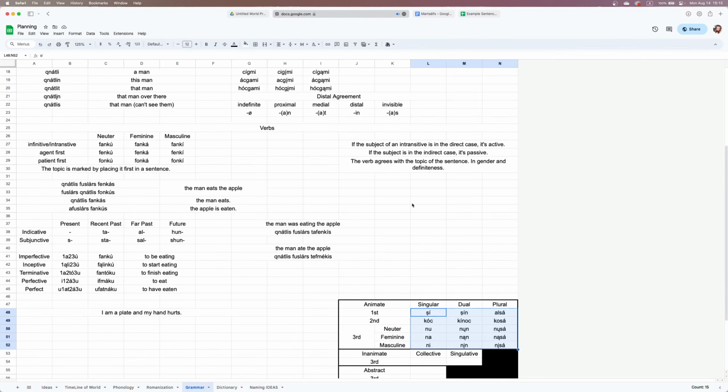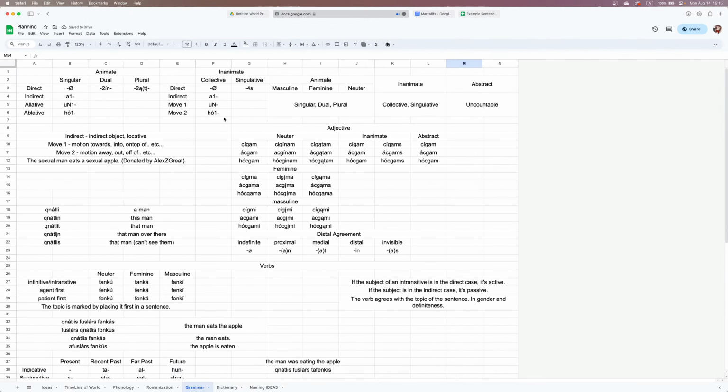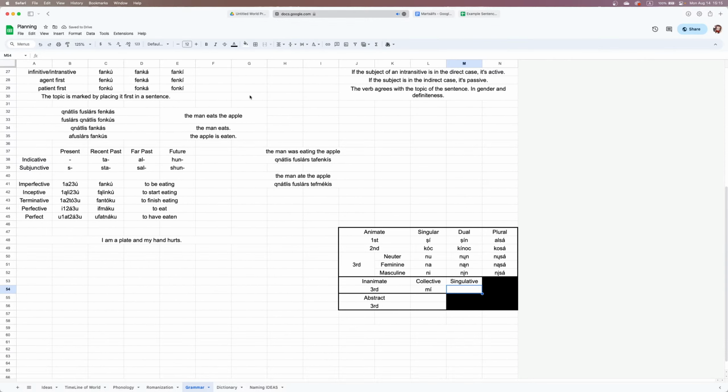Then if I want to expand that to inanimate, animate. Me. And what is the mis?